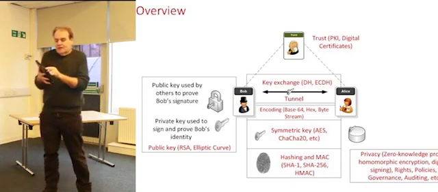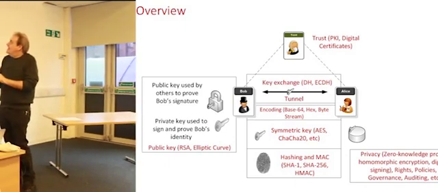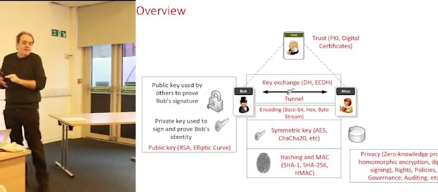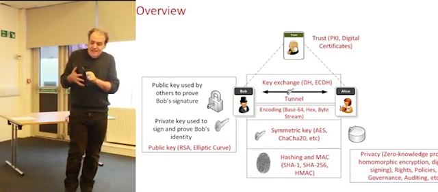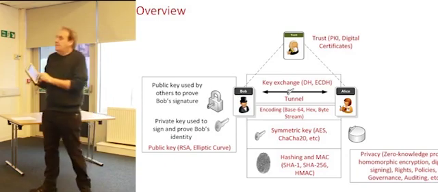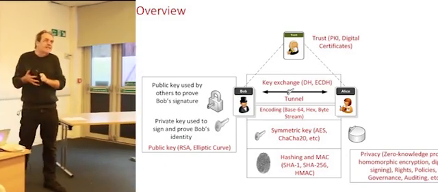We need to make sure that Bob and Alice, if they're exchanging data, have the same key, and that every single time they connect, a new key is created. So we have our key exchange fitting in there. So we need to generate a key which will be set up for the next part, which is to do our symmetric encryption.